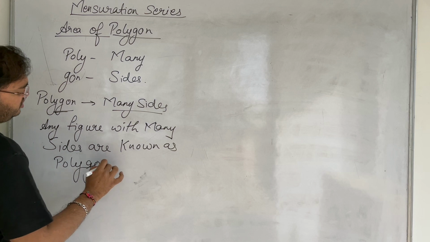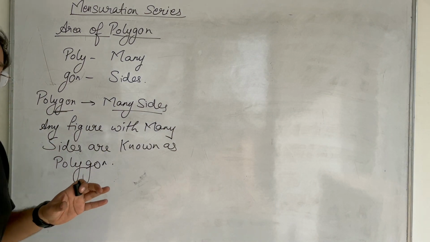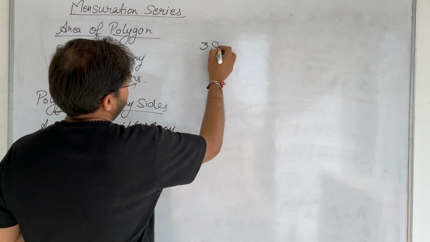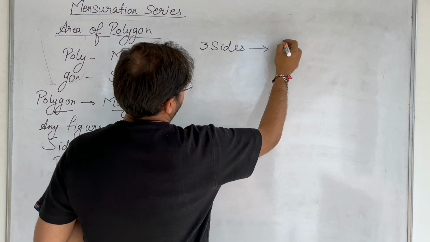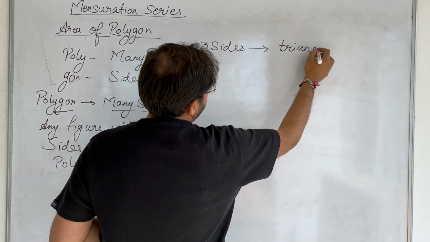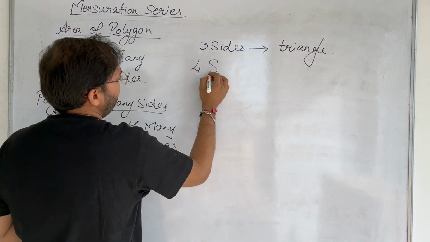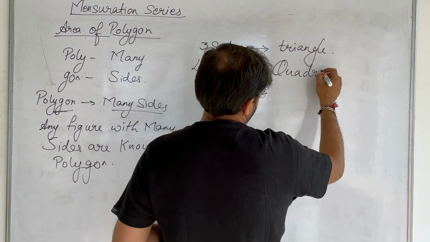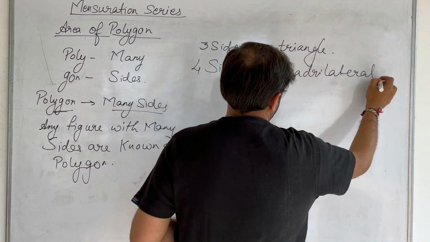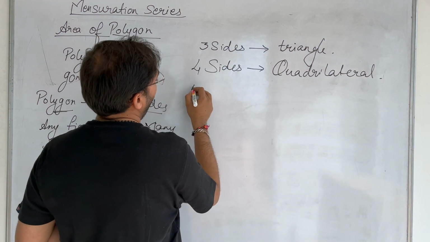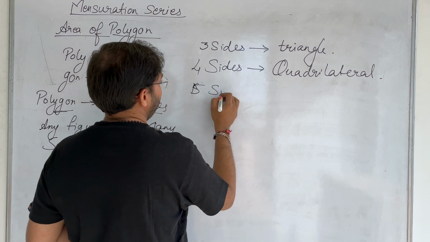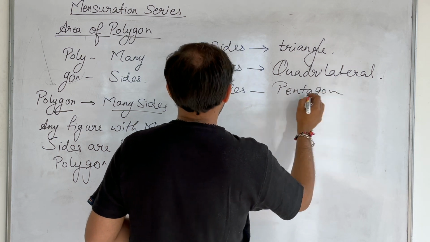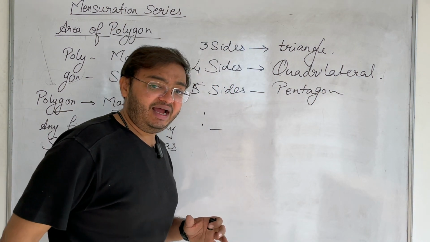Now in this polygon also, a few figures have been defined. Like if you are having 3 sides, it is known as a triangle. If you are having 4 sides, it is known as a quadrilateral. If you are having 5 sides, it is known as a pentagon.